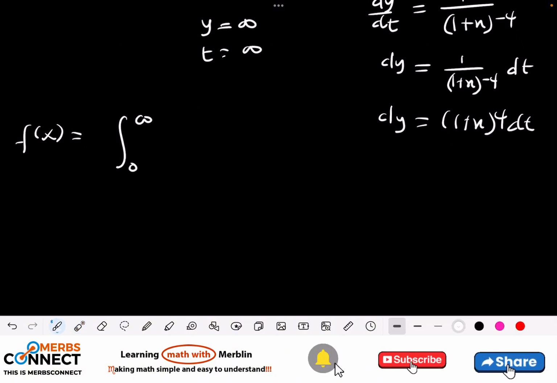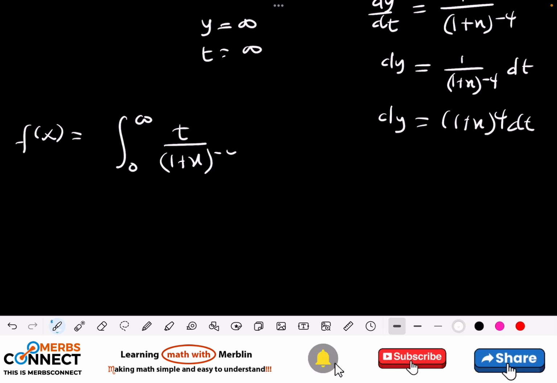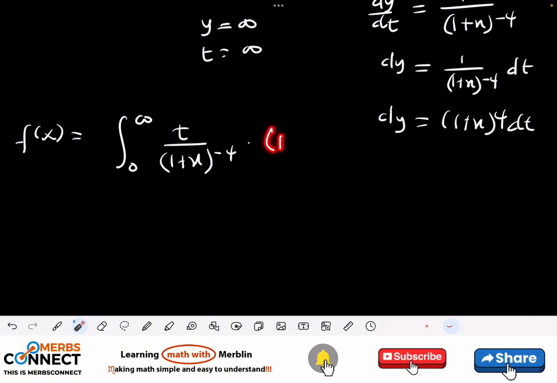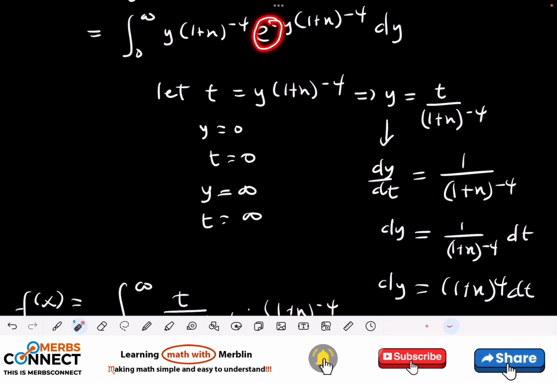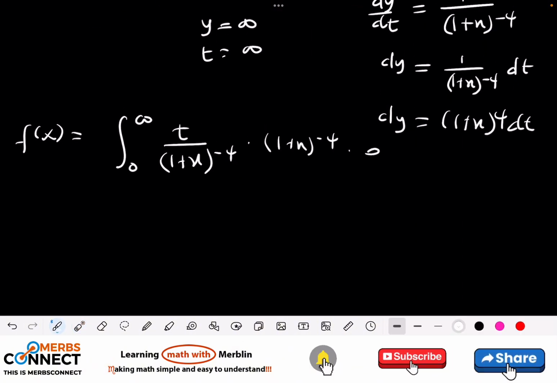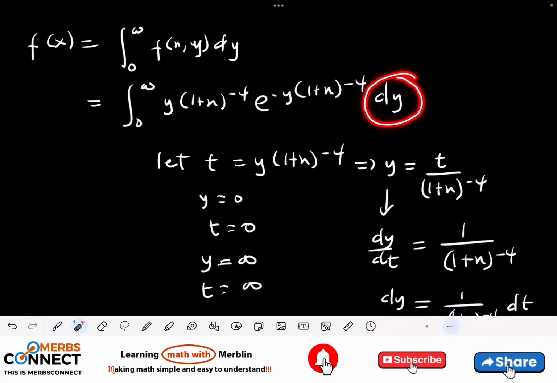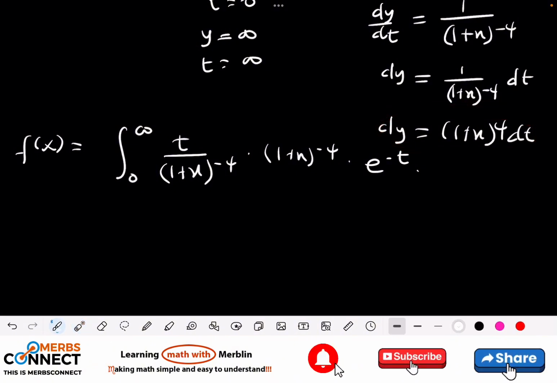So we are going to write t to the power of something, divided by 1 plus x to the power minus 4, times 1 plus x to the power minus 4, times e to the power minus, but everything here is equal to t, so e to the power minus t, times, what is dy? Dy is equal to what is here, right? So I'm going to have it times 1 plus x to the power 4 dt.